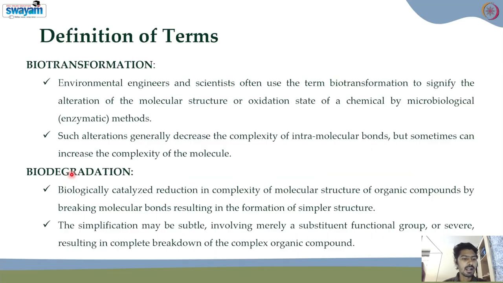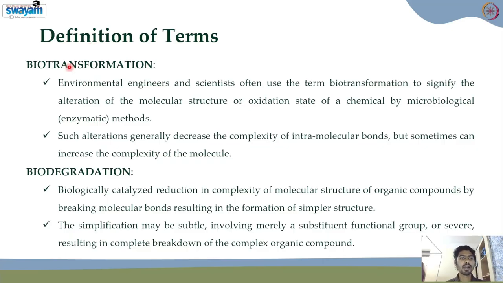So moving on to the important definitions that we come across normally in bioremediation, the first is biotransformation. As the term itself denotes, the microorganisms are used to transform the complex organic compound into less toxic or simple compounds.